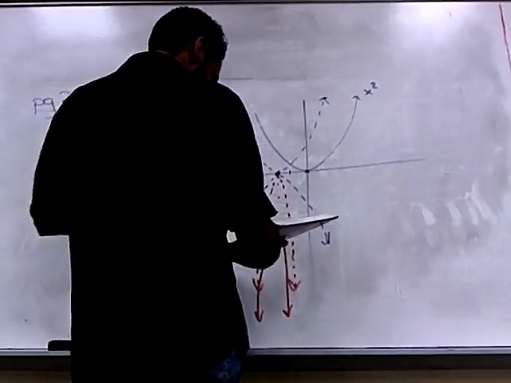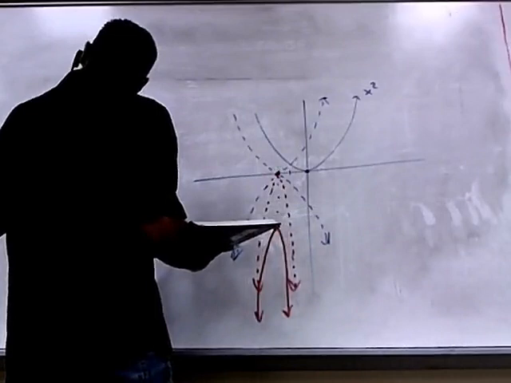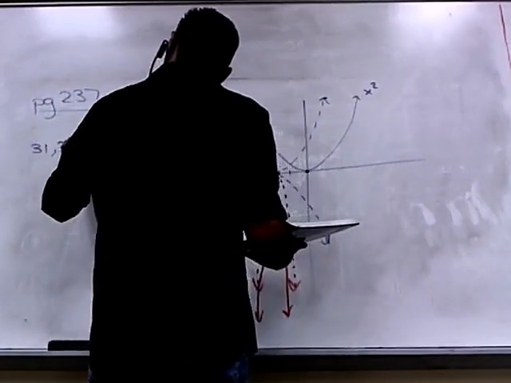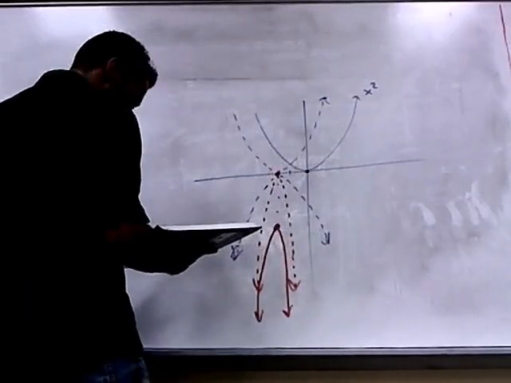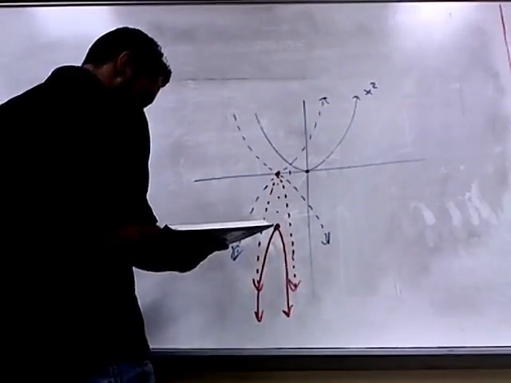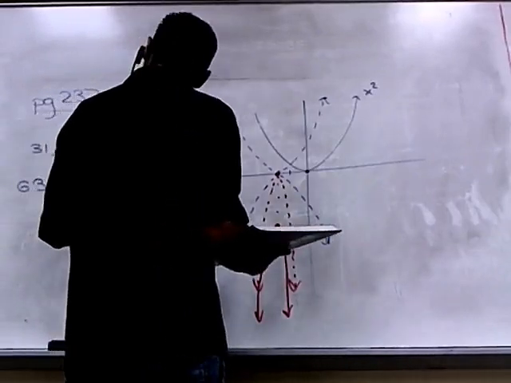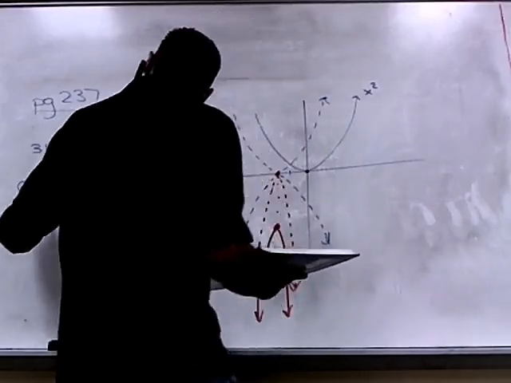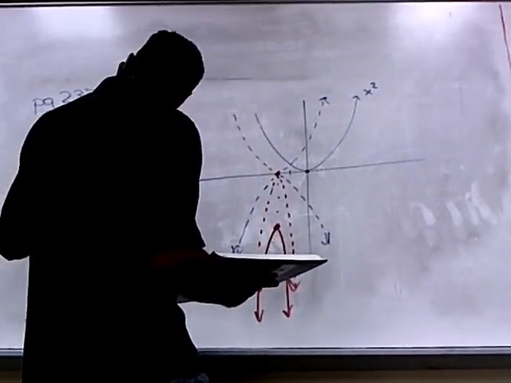It's only a few problems. Let's see how you do with this. 31, 33, 34, and then 63 through 73 odd, and then 75 through 87 odd.